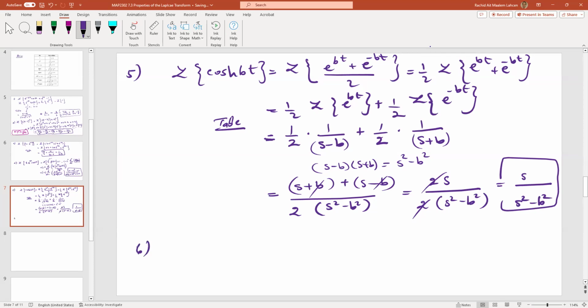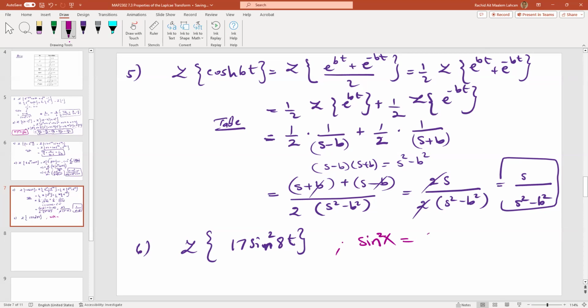Yeah, so for trigonometry, let's say we need Laplace transform of sine squared, let's say of 8t. So here we're going to refer back to an identity that connects sine squared with cosine 2x, double angle.